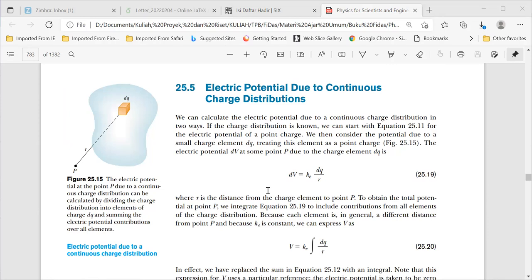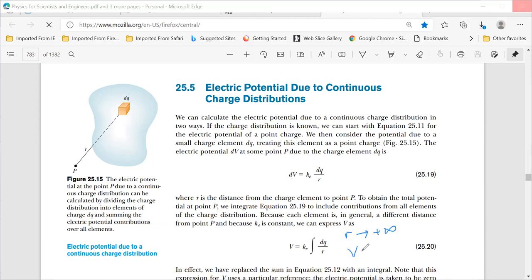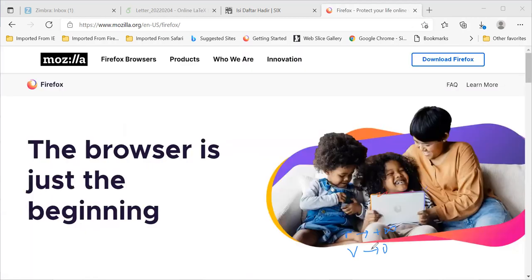Jadi dV di sini adalah ke kali dQ per r. Kalau kita integrasikan langsung, V-nya adalah integral ke dQ per r. Ada syarat tadi saya katakan bahwa rumus ini hanya bisa digunakan ketika r menuju tak berhingga, V-nya menuju 0.